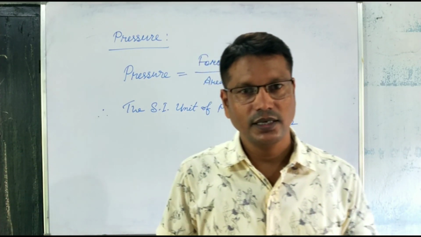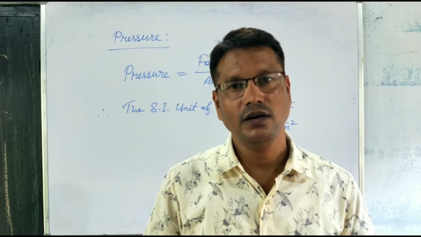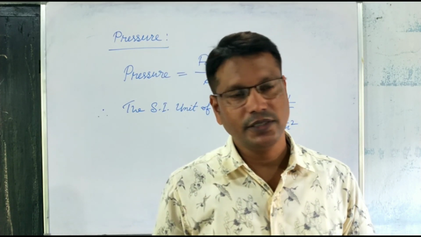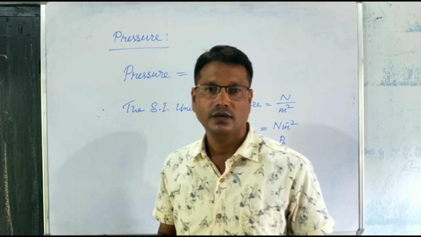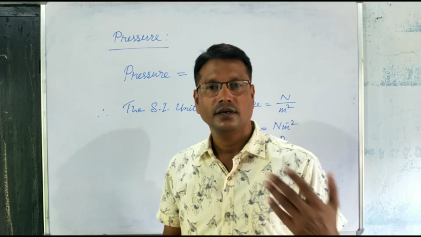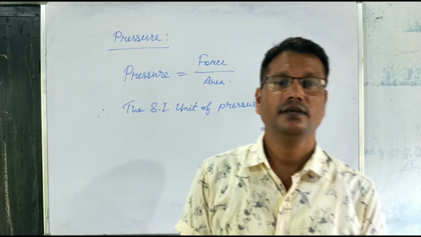That means the gases surrounding us together is called atmosphere. And what are the gases present in atmosphere? You know, carbon dioxide, nitrogen, oxygen, hydrogen, helium, water vapors also present.